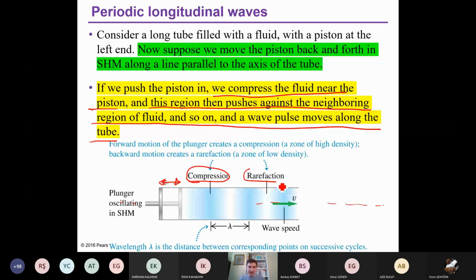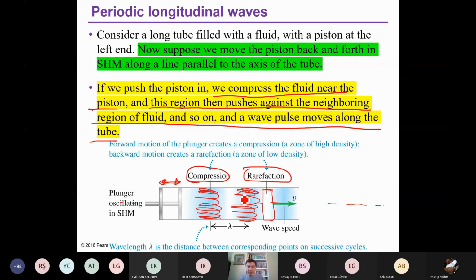In the compressed regions we have a dense fluid, and in rarefaction regions we have less dense fluid, or a zone of low density. So here we have a zone of high density, here a zone of low density.